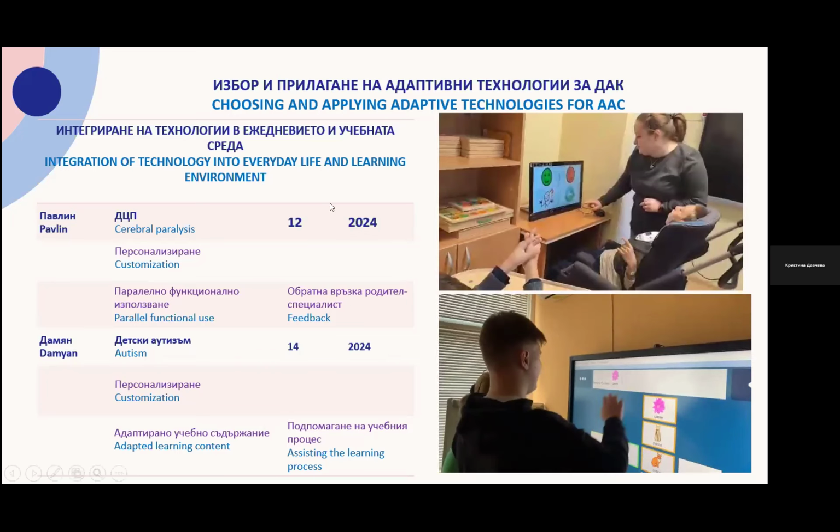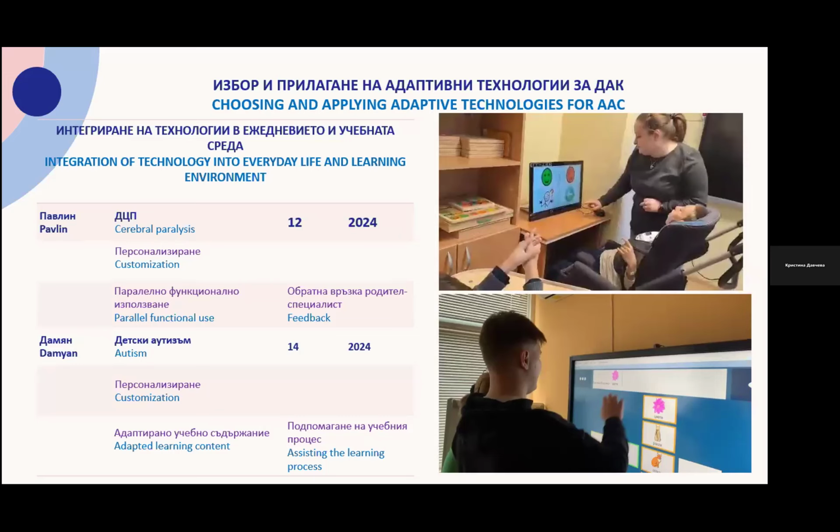In conclusion, for us, our presentation demonstrates how adaptive technologies can significantly improve the skills of children, both those who have completed their journey with AAC and those who are still undergoing that journey.